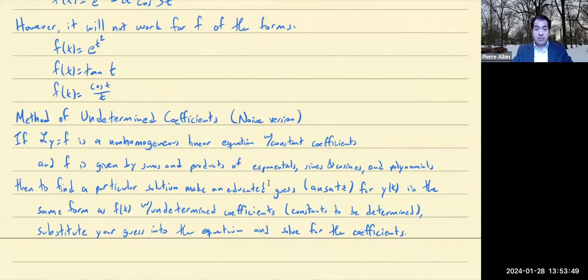So if that's going to end up being an e to the t, the function you plugged in has to be something like e to the t, right? So it's a very reasonable guess that you have some constant times e to the t, and then you just have to figure out the constant, right?